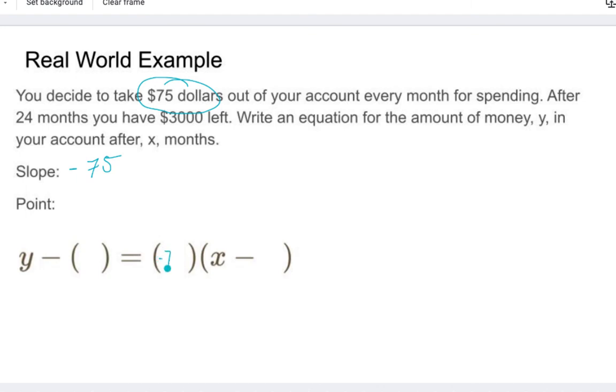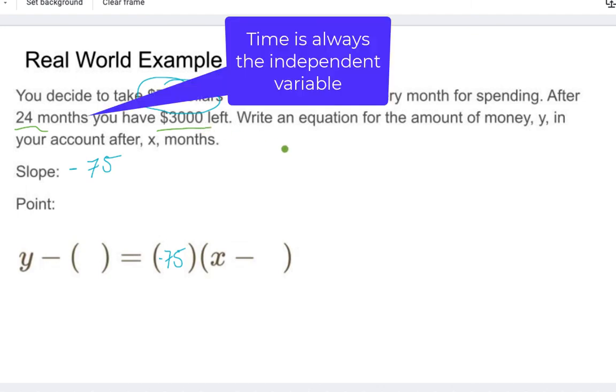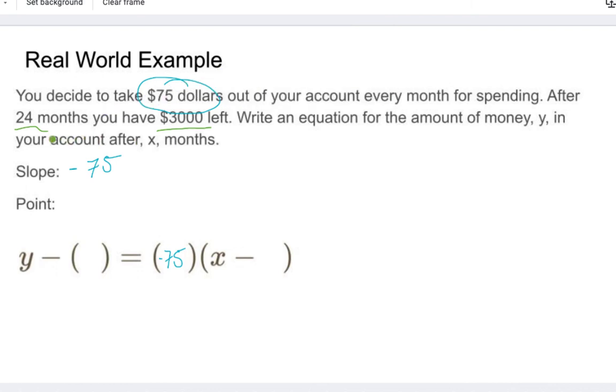So negative 75. Then we have 24 months and $3,000. Remember, time is always x. Months, days, weeks, years, seconds, time is x, and if it has money, then money is always y.